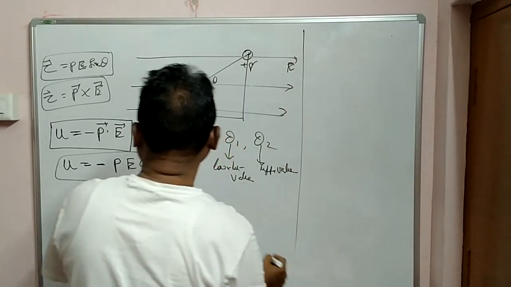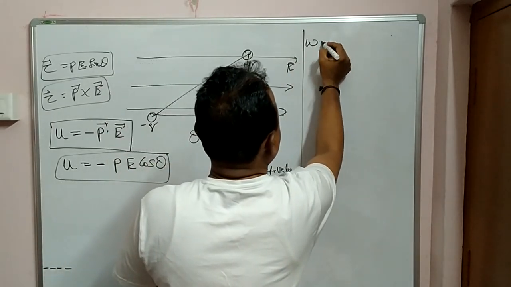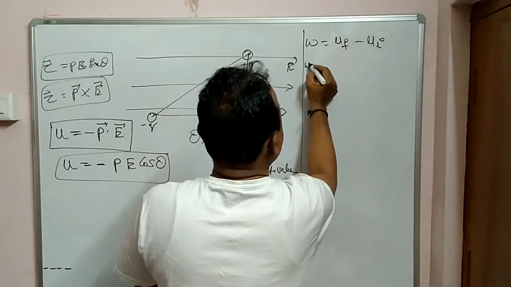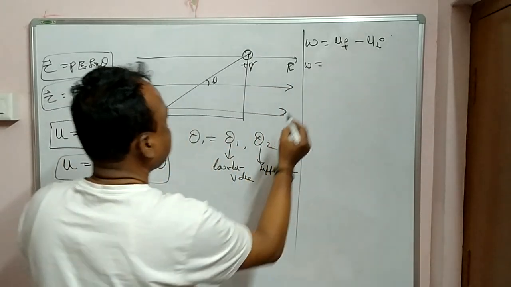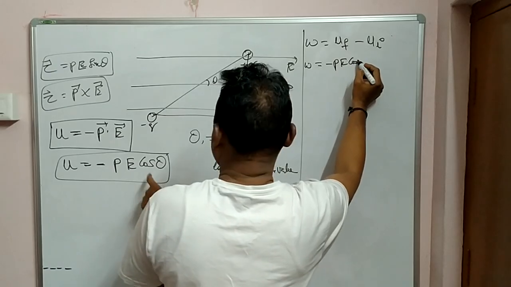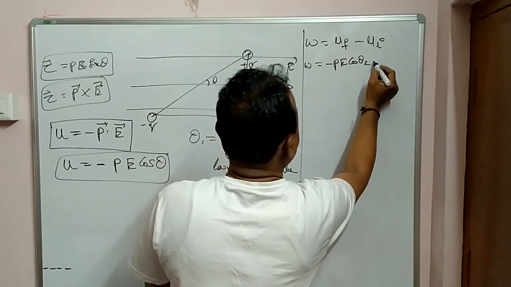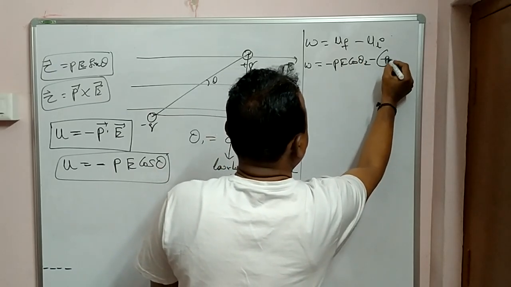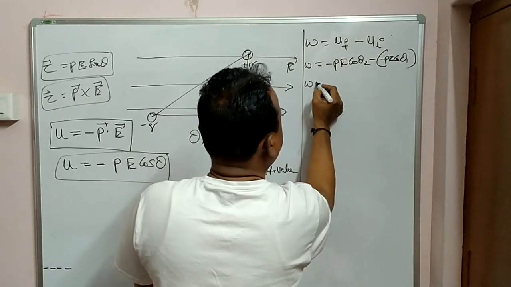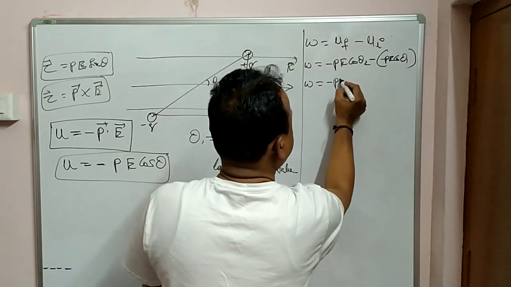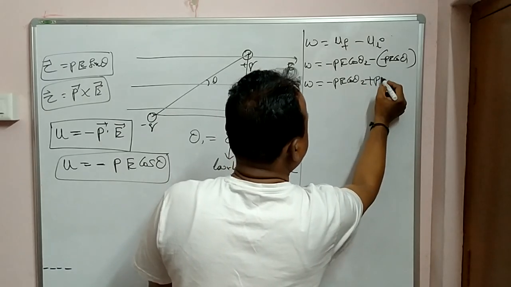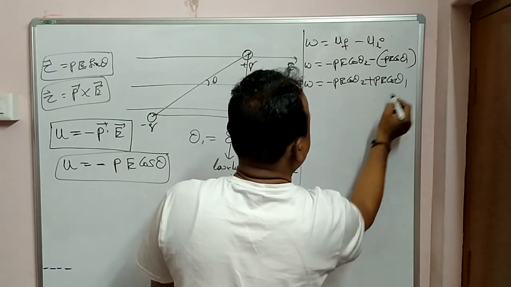How should we modify it then? Work done is U final minus U initial. So work done, U final, that is minus PE cos theta 2, minus of minus PE cos theta 1. So work done is equal to minus PE cos theta 2 plus PE cos theta 1.